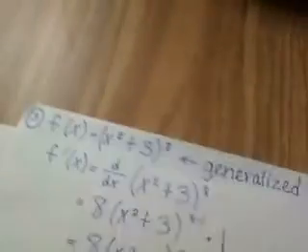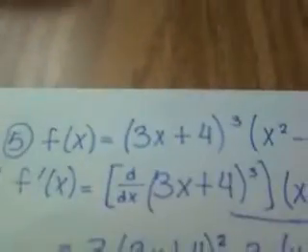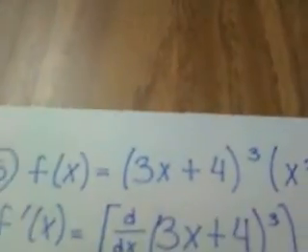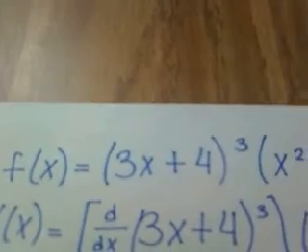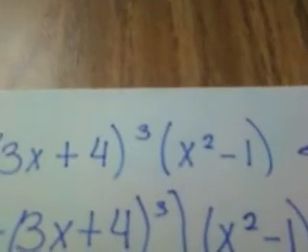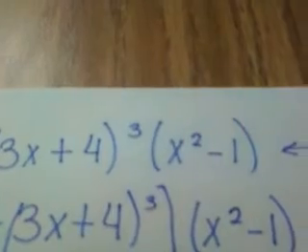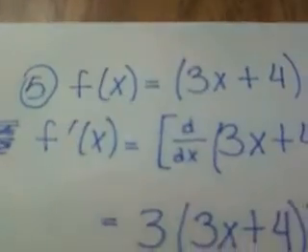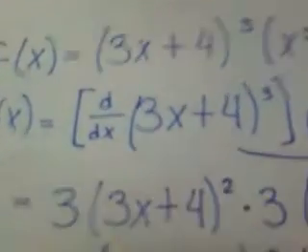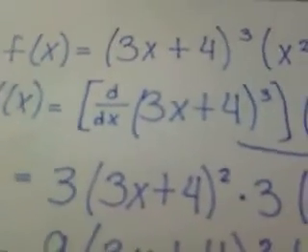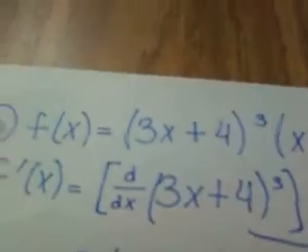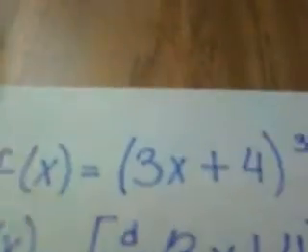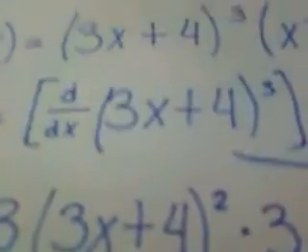And last but not least, number 5. f(x) equals (3x plus 4) cubed times (x squared minus 1). We're going to use the product rule here. Bracket d over dx of (3x plus 4) cubed. That is the first expression, goes there.